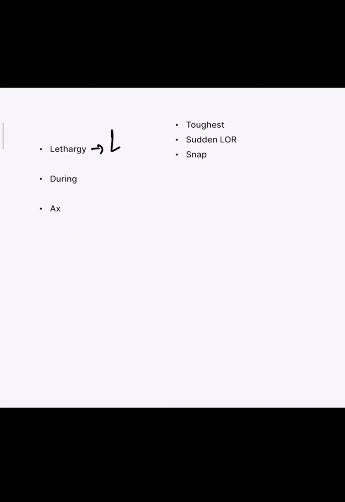L stands for the very important ligament, the ligamentum flavum, the toughest ligament. On piercing this ligamentum flavum, you will feel a sudden loss of resistance or a snap. That is very, very important, guys.